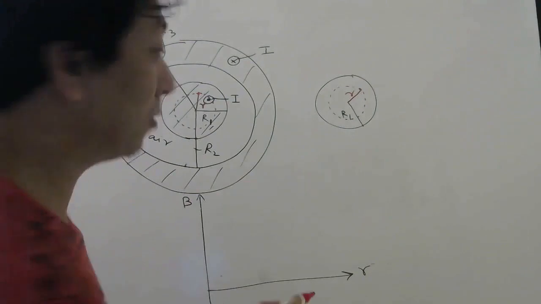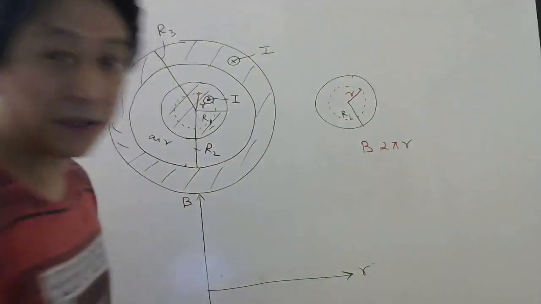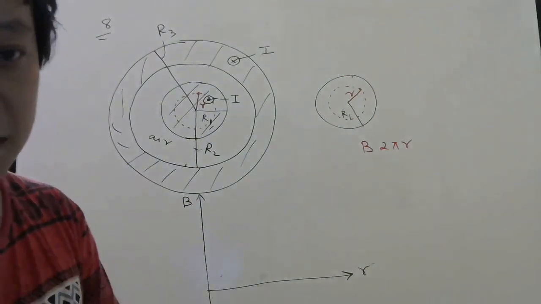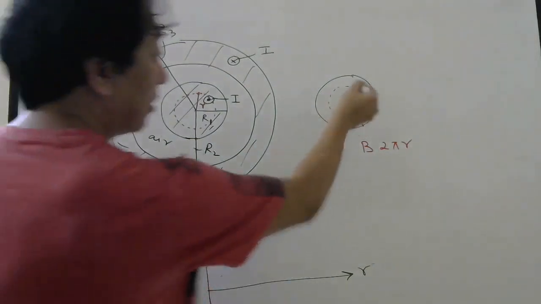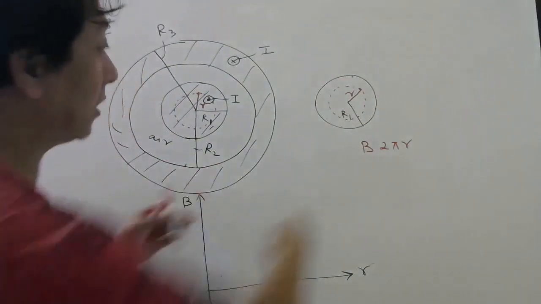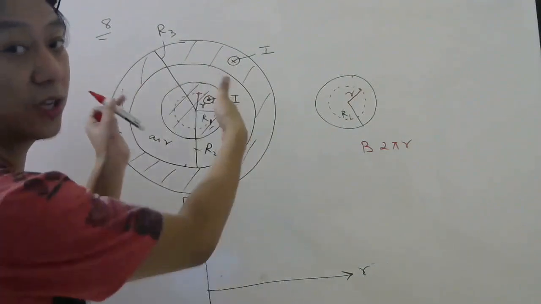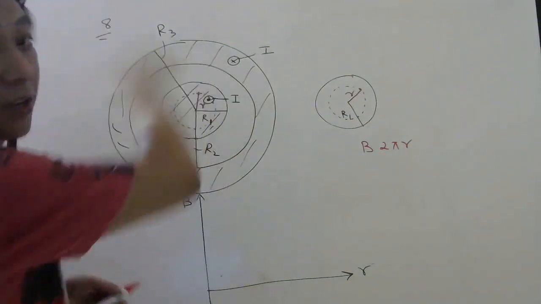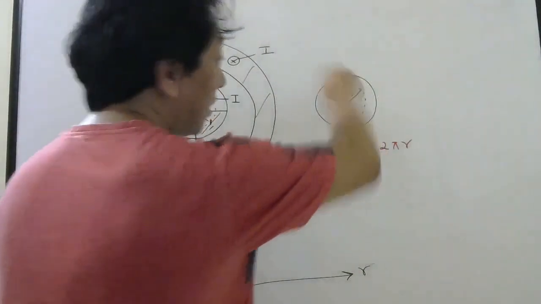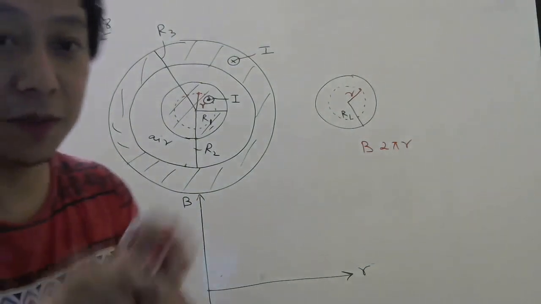Now the left side will be B into 2 pi r, right? It is the integral of B dot dl. Since dl is along the loop, and the magnetic field will be circular because the currents are either coming out or going in, the magnetic field here is circular and the loop is also circular, so B and dl are in the same direction.